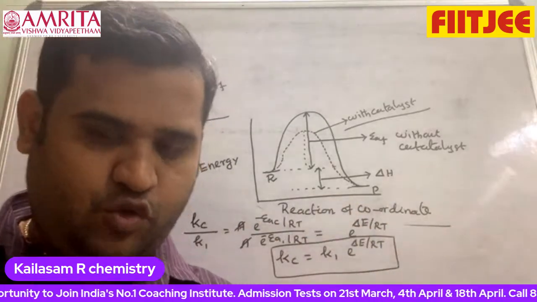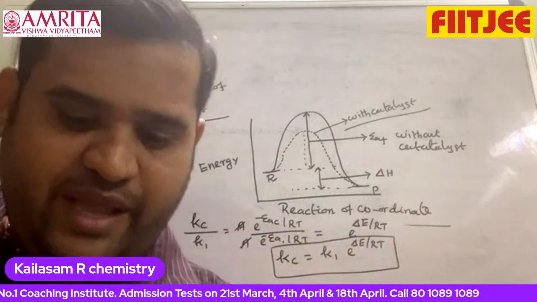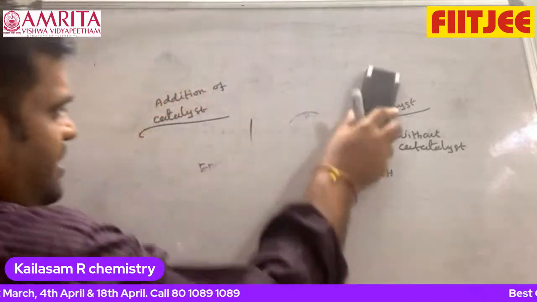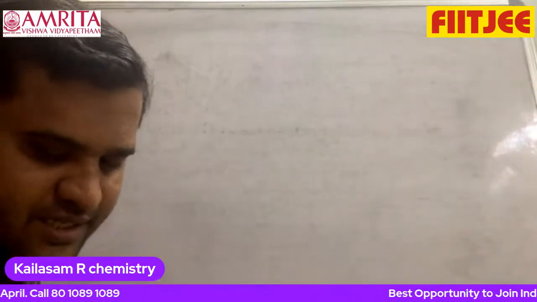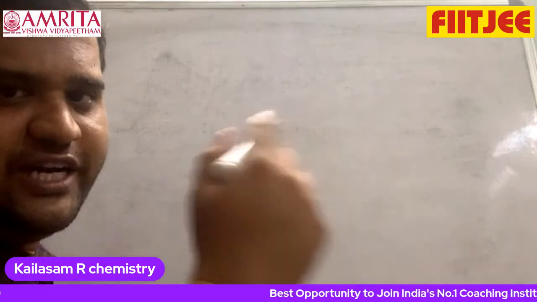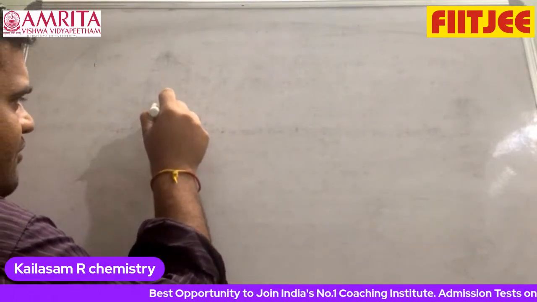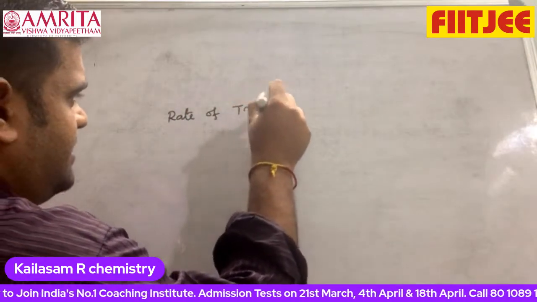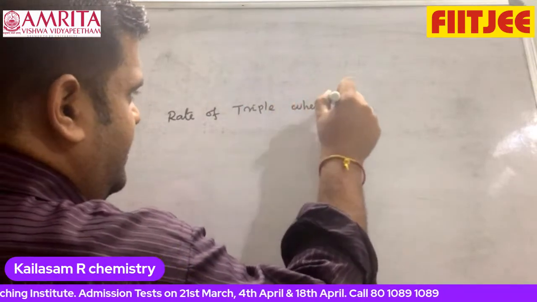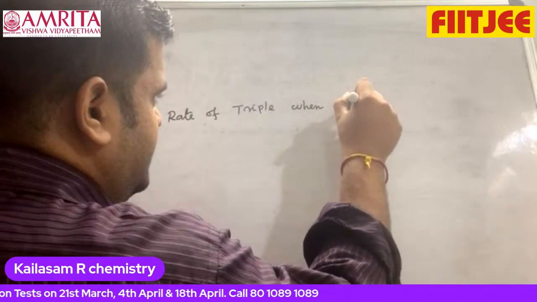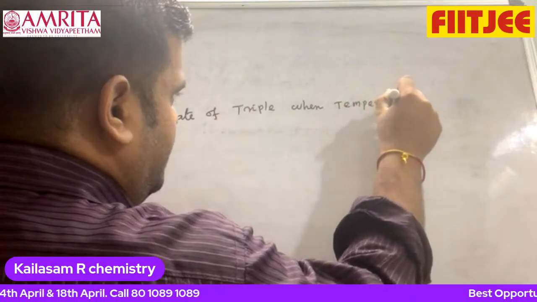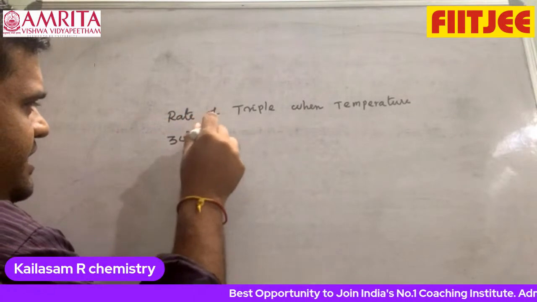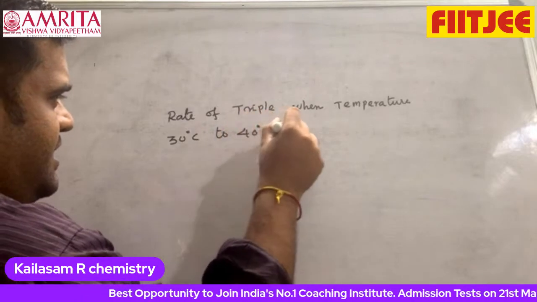Can we discuss one simple question I want to tell you? For a particular chemical reaction, the rate of reaction triples when the temperature increases from 30 degrees Celsius to 40 degrees Celsius.